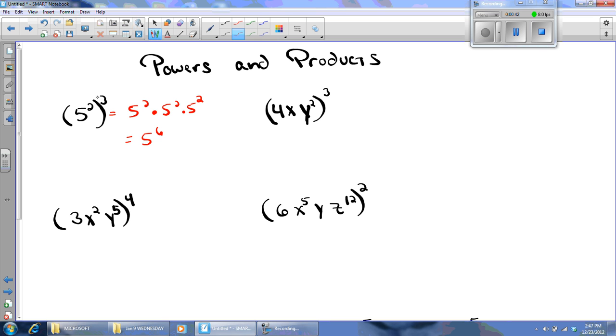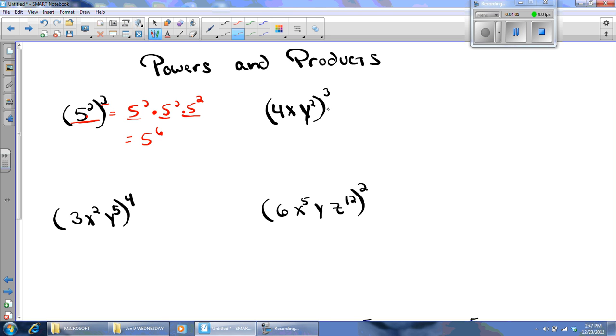When you have a power raised to a power, the exponent is going to be the product of the multiplication of the exponents, okay? So when you have a power raised to a power, it's 2 times 3, not 2 plus 3, okay? Because this means there's 3 of these guys. 1, 2, 3. All right.